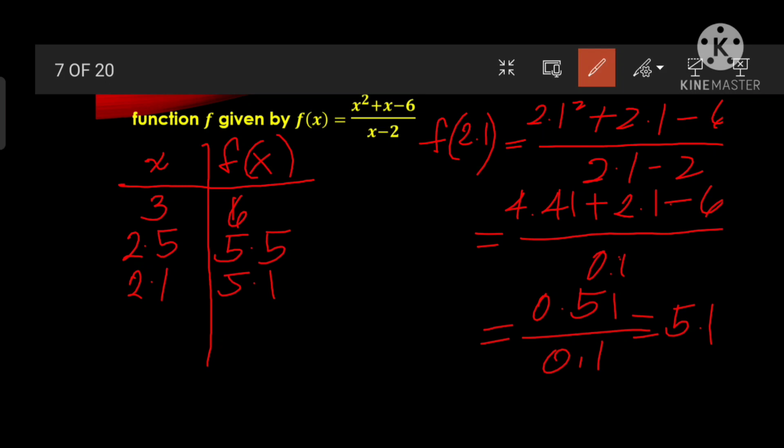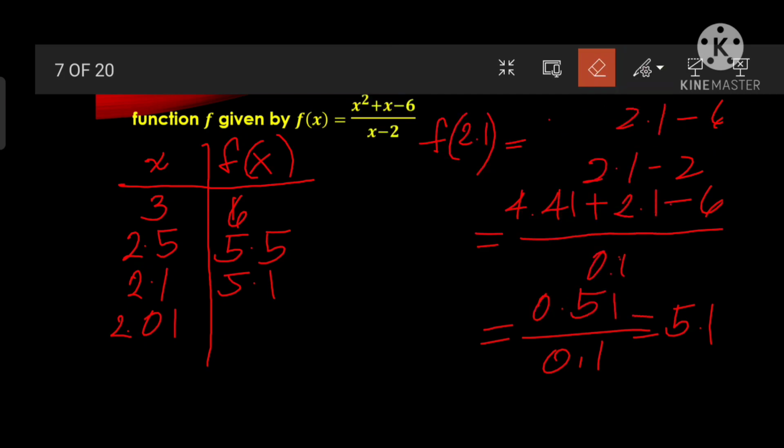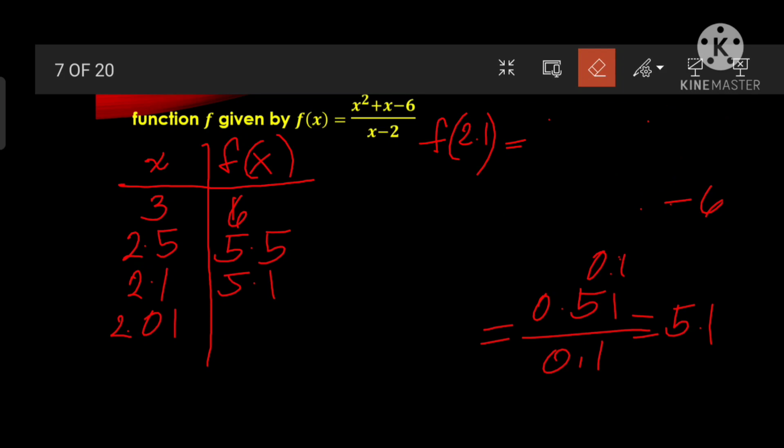Next, let's assign a value smaller than 2.1. In this case, let's have 2.01. Okay, 2.01. Let's erase this first.